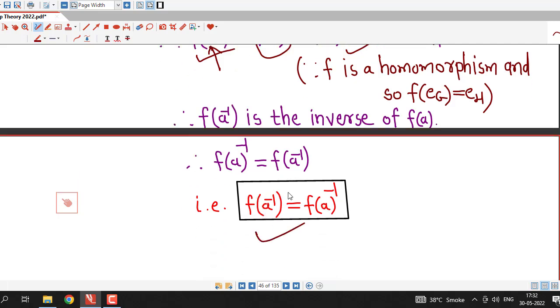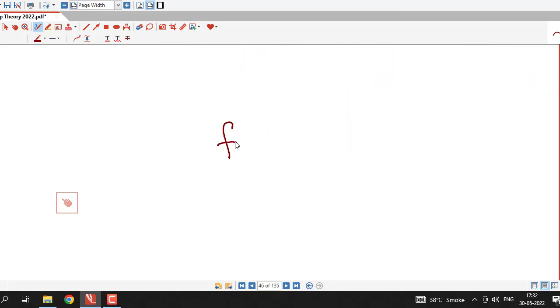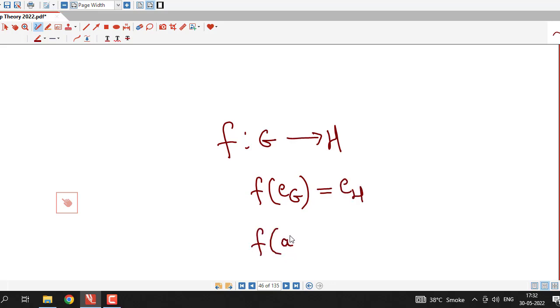So this is what we wanted to prove. So this is a general property. We will remember this. If f is a group homomorphism from G to H, then f preserves identities, that is f(e_G) equals e_H, and f preserves inverses also. The image of a⁻¹ under f equals the inverse of f(a).